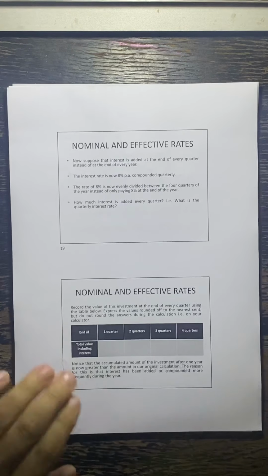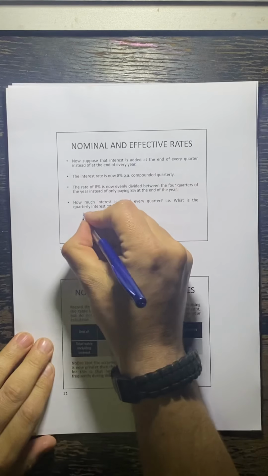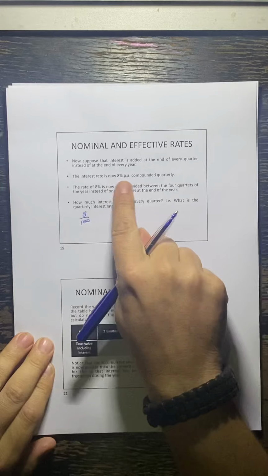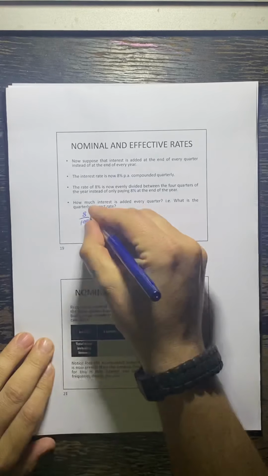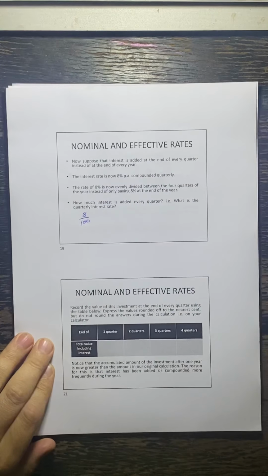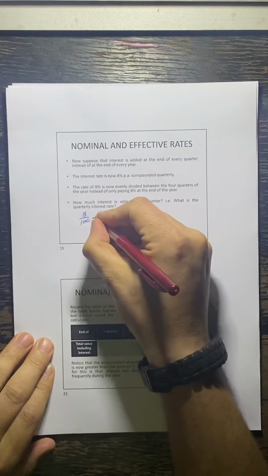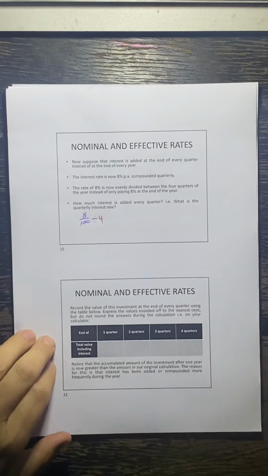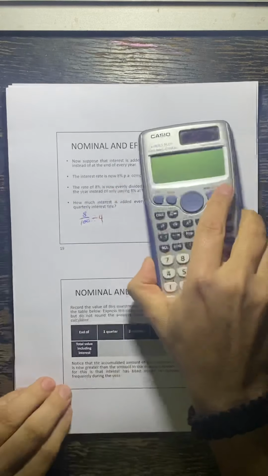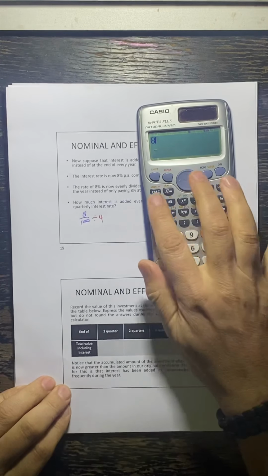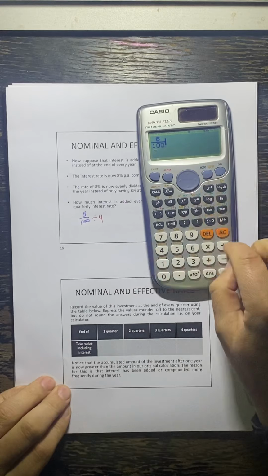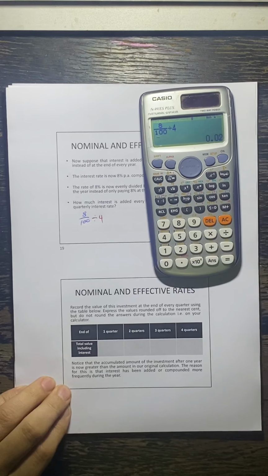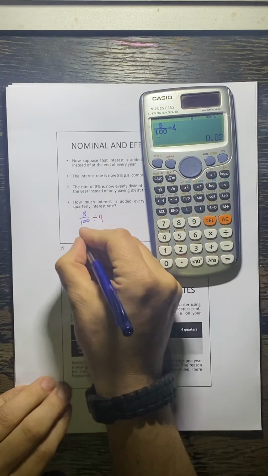Well, what we have to do is we have to take our 8%. Okay, so that's our normal 8%. And what we need to do now is we need to divide that by 4. We need to break it down into the compound period, which they told us was quarterly. Okay, just do this on the calculator. And you've got 8 over 100 divided by 4. And now we're getting an interest rate of 0.02.